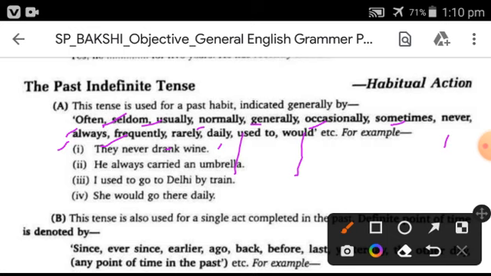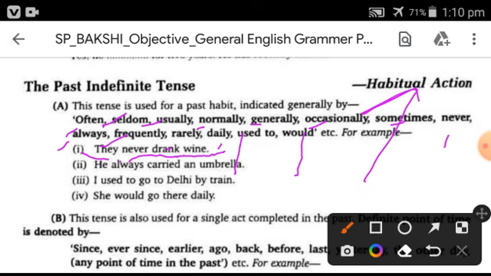I hope you all understand its definition, but I will try to clear it with some examples too. First example: they never drank wine. It is a habitual action of the past.